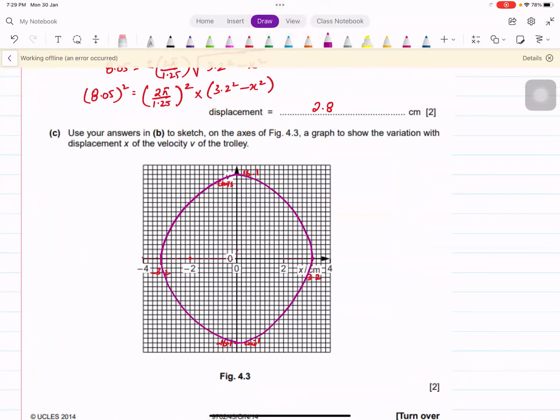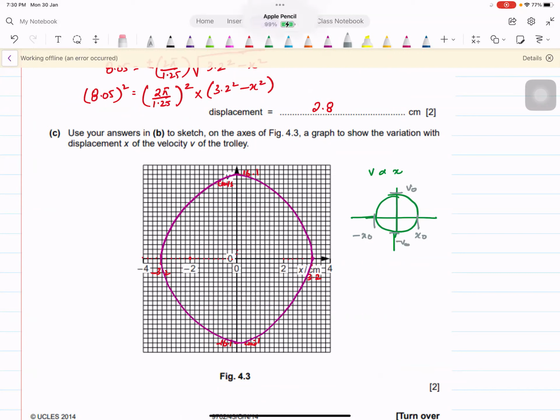Just remember that velocity versus displacement in an oscillation is always a smooth curve, like a circle. It could be an oval shape, where this point is x naught, this point is minus x naught, this is v naught, and this is minus v naught. Any questions here?